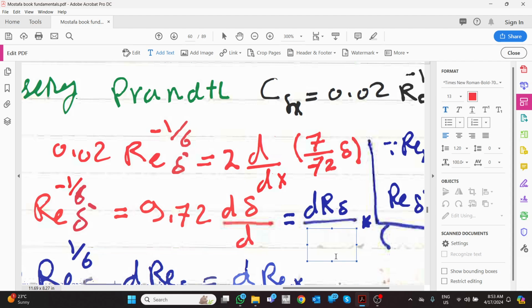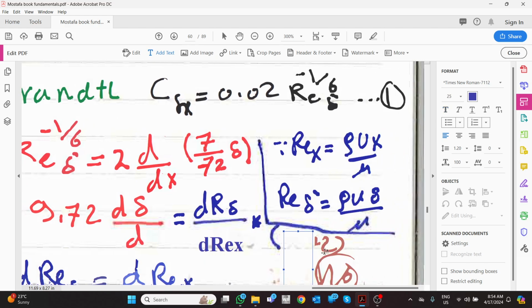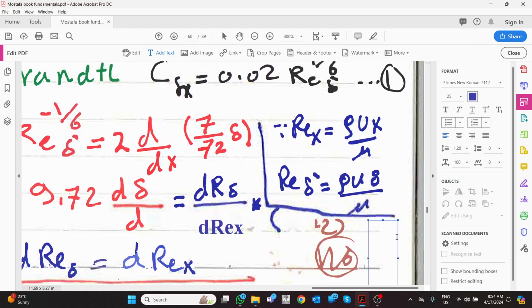This one is D, so it is in blue. It is D Re x multiplied by 9.72.